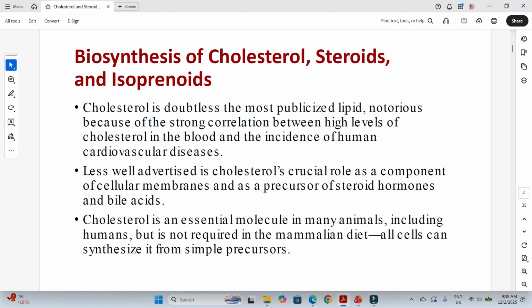Less well advertised, as I mentioned earlier, is cholesterol's crucial role as a component of cellular membranes and as precursor of steroid hormones and bile acids. I've already mentioned this earlier as well. So, cholesterol is an essential molecule in many animals, including us, humans, but it is not required in the mammalian diet. Why? Because all cells can synthesize cholesterol from simple precursors.